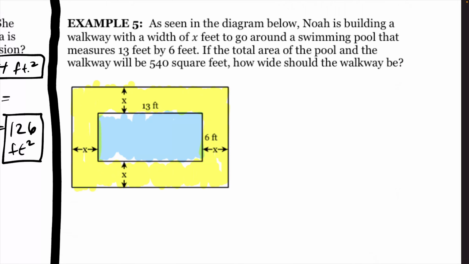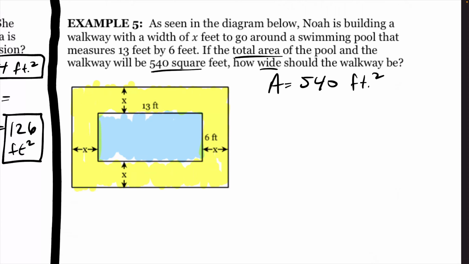The pool is 13 feet by 6 feet. If the total area, so yellow and blue together, total area means yellow and blue together, will be 540 feet. So the total area is 540 feet squared. How wide should the walkway be?